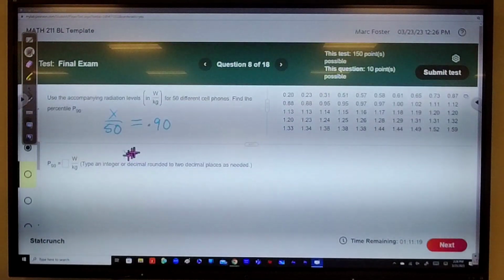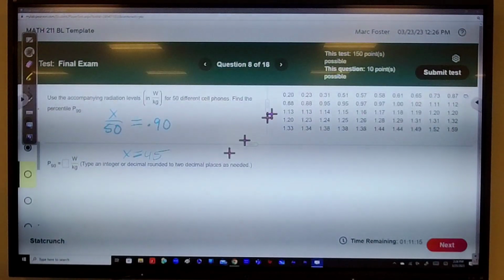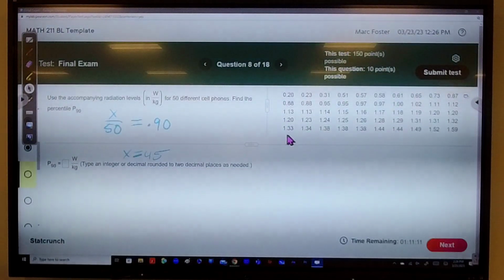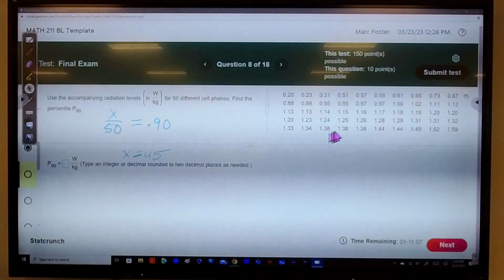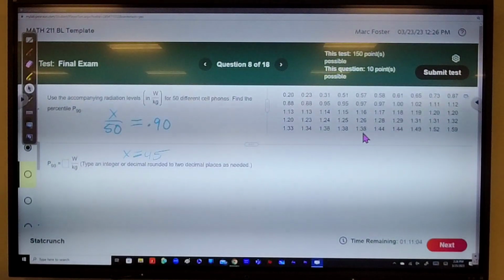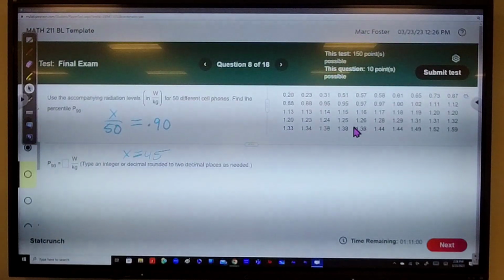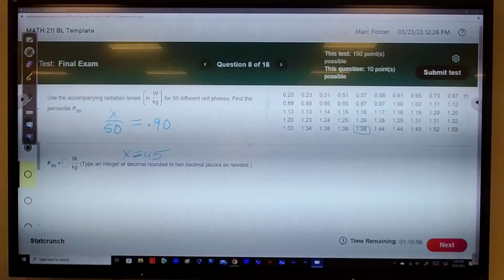Yeah. So I'll go to the 45th number. It's going to be in the last row, right? That's number 41, 42. Number 45 is right here. But I can't use that one. I can't use this one because it does not have 90% of the data underneath it.